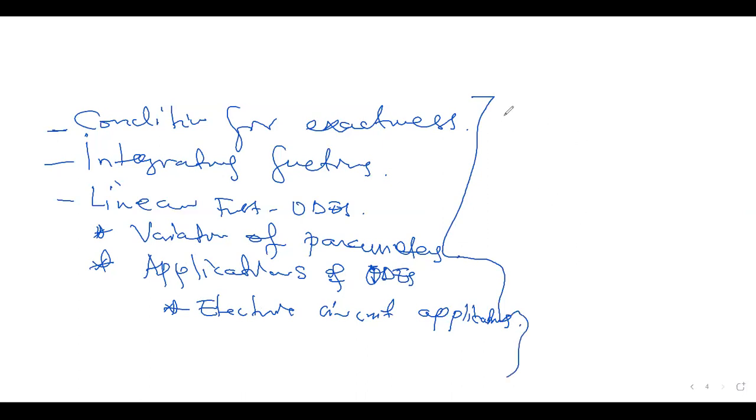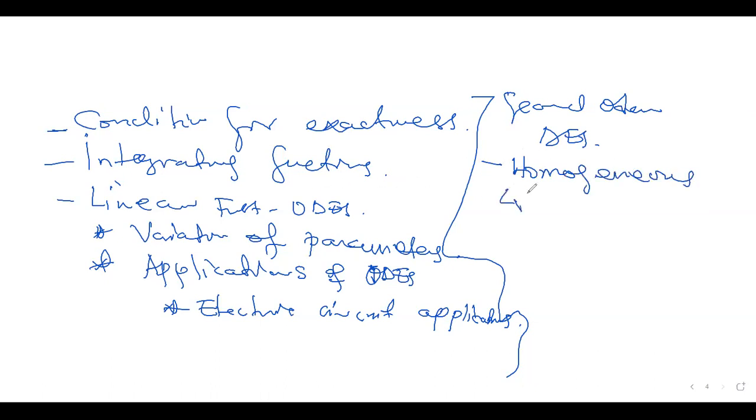And then we're going to go on to look at second order differential equations. And under this, we're going to look at homogeneous linear equations of second order. Okay.